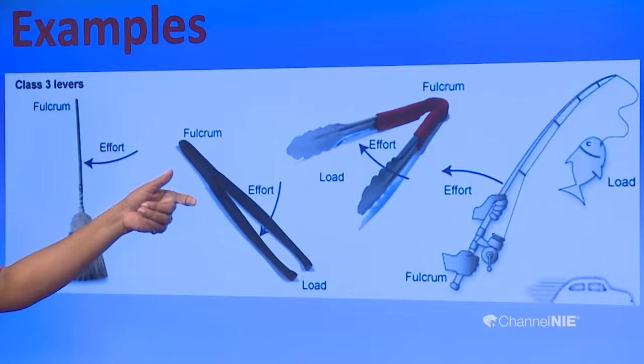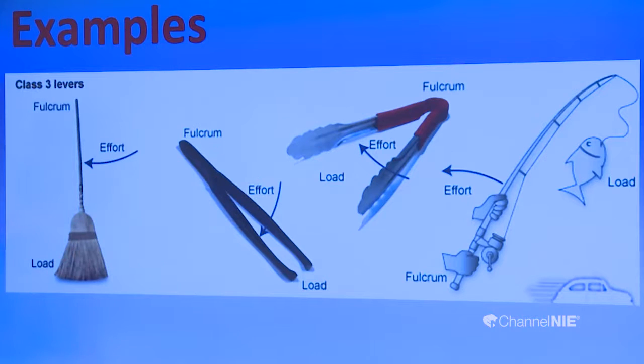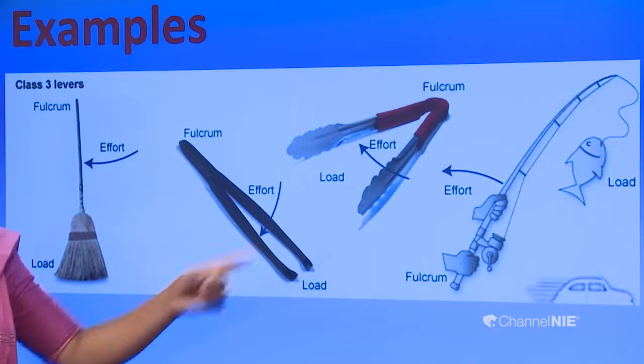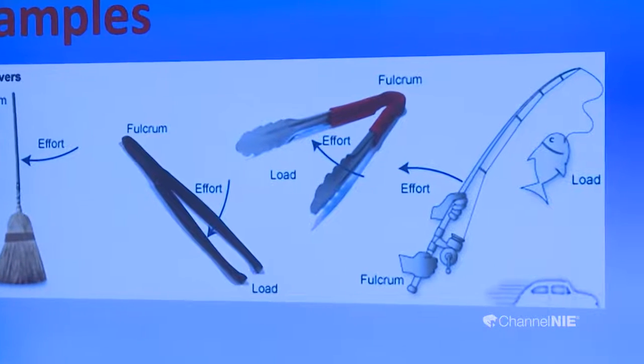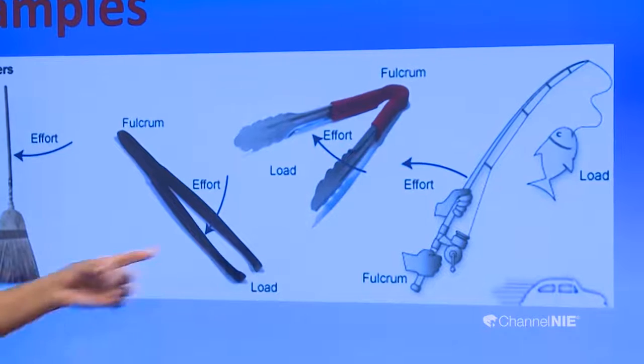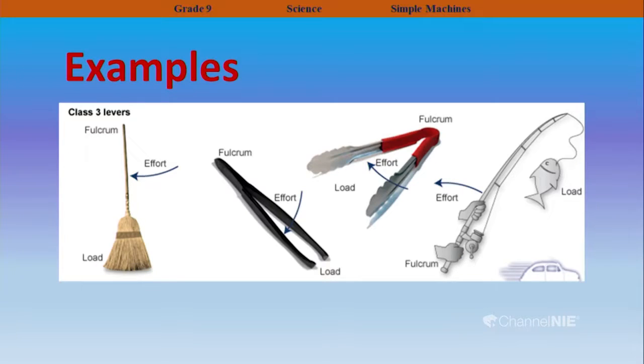A tweezer: effort is exerted in the middle, and the load moves a much greater distance than the effort. And in a fishing rod also, effort is exerted in the middle and the load moves a much longer distance.